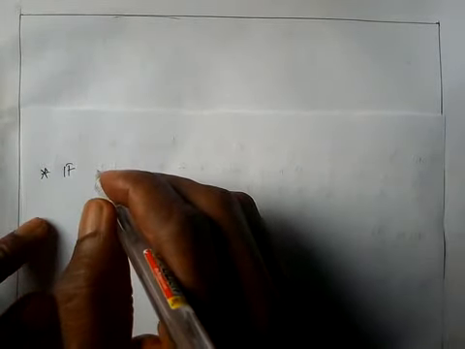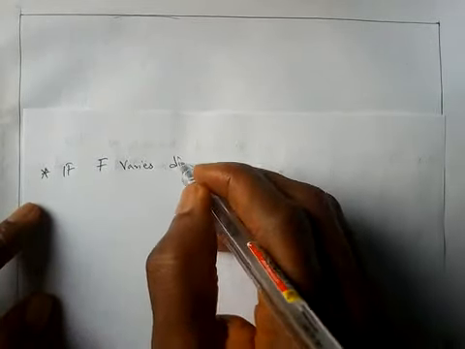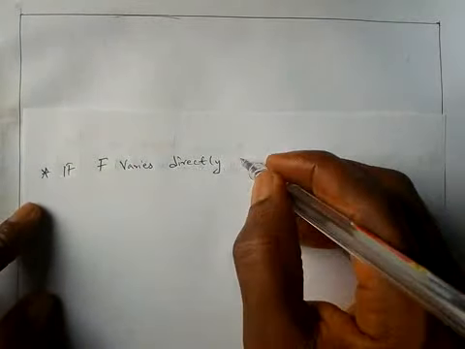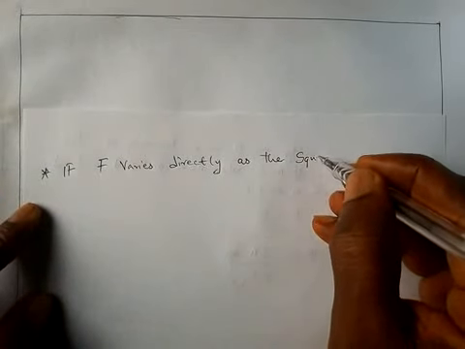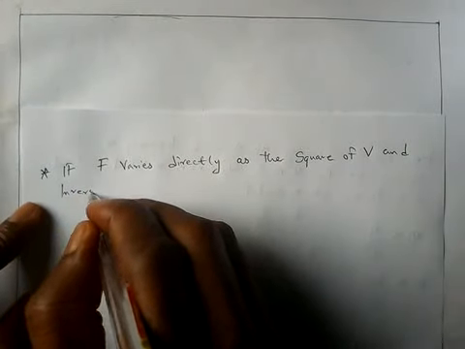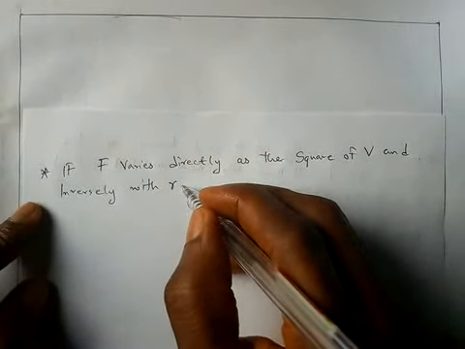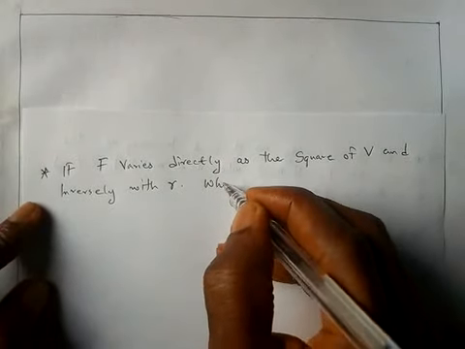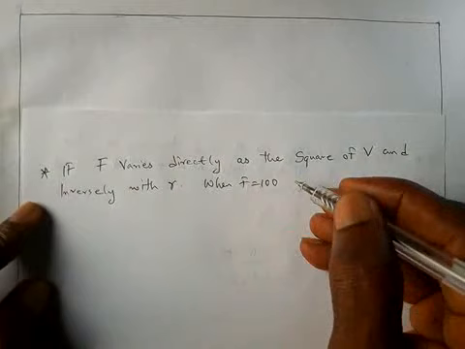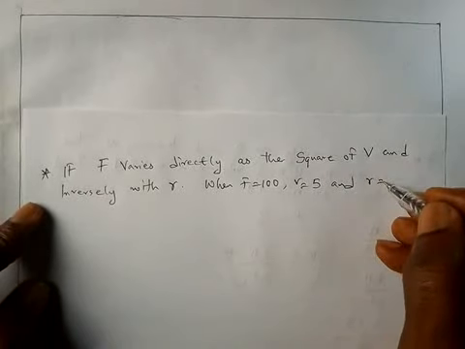Okay, next question. It says if f varies directly, don't forget most of these questions are JAMB questions, as the square of v and inversely with r, when f is equal to 100, it was observed that v is equal to 5 and r is equal to 2.